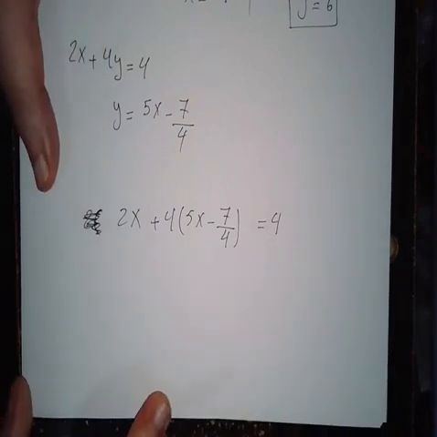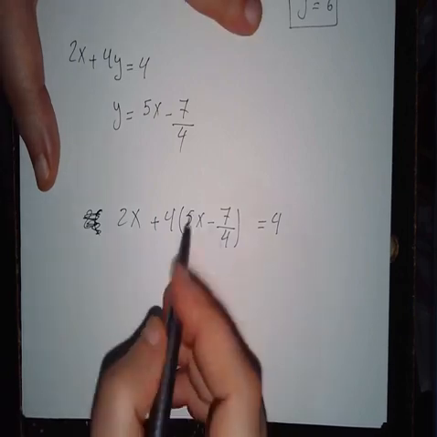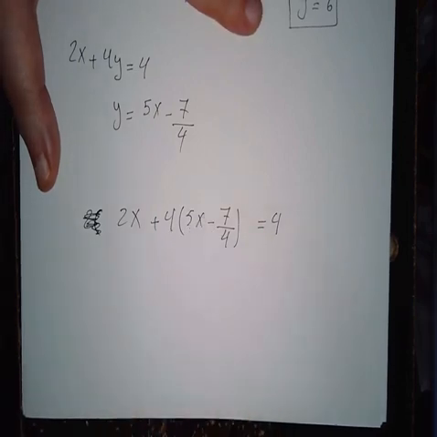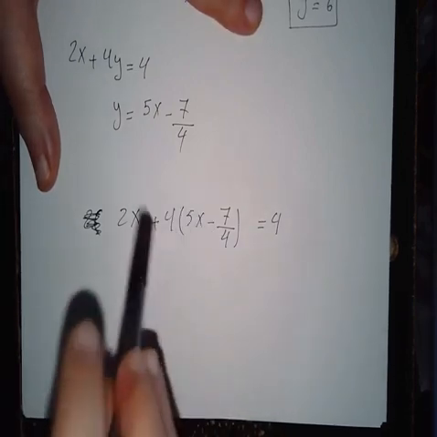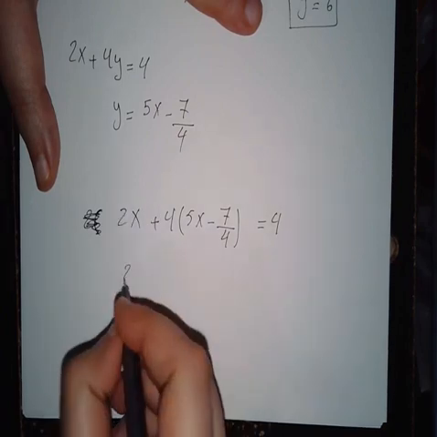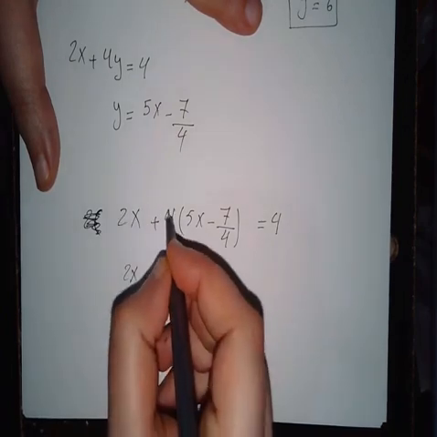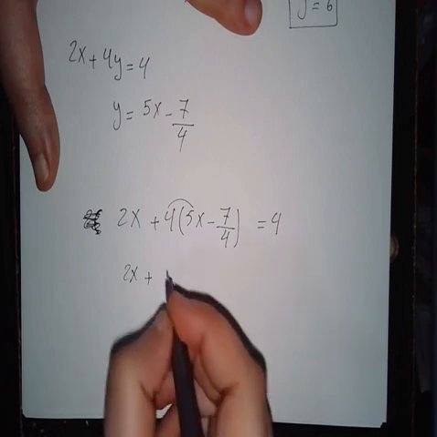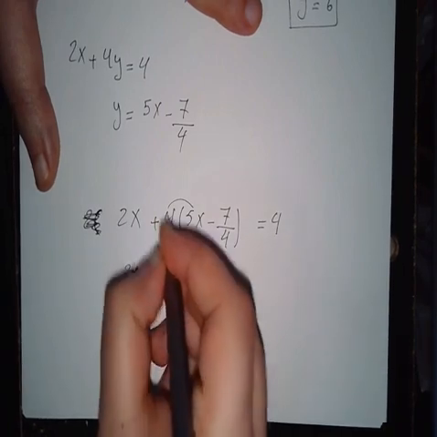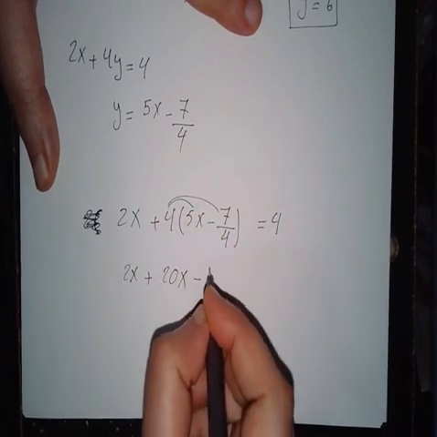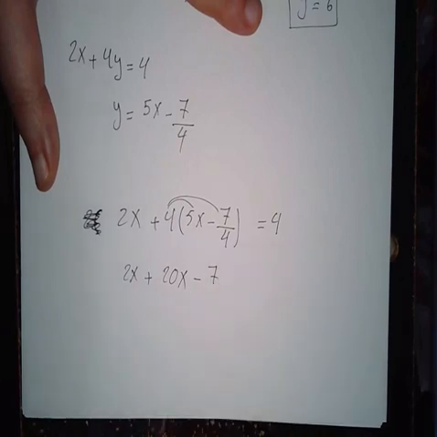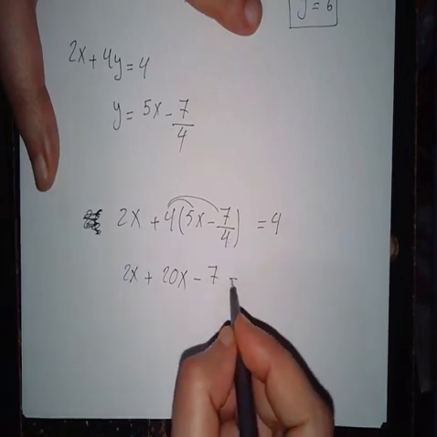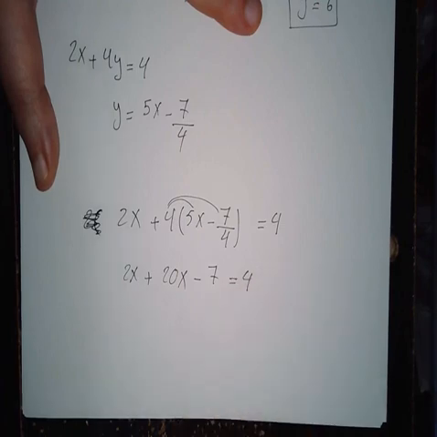So this is my equation. Okay, now I'm going to multiply the 4 into this pair of parentheses because I want to get rid of this complication. So it's 2x plus 4 times 5x, that's 20x, and 4 times the negative 7 over 4 gives you a negative 7 because it cancels out with the 4 on the bottom. And the whole thing equals 4.